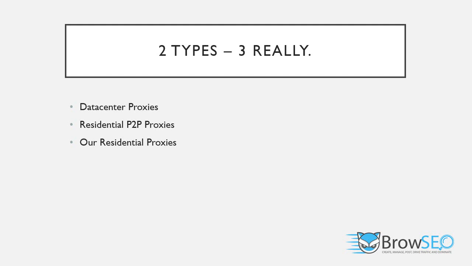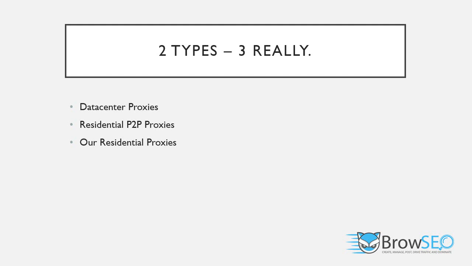So the other type of proxy is residential. And the way that those work is peer-to-peer. 99.9% of them out there are working using a peer-to-peer network technology where they install some software on the computer, normally a plugin in a browser. There are lots and lots of different types of plugins out there that do this, and they turn your computer into a zombie, basically.